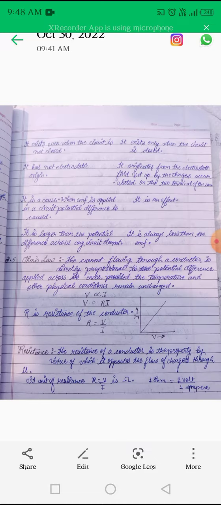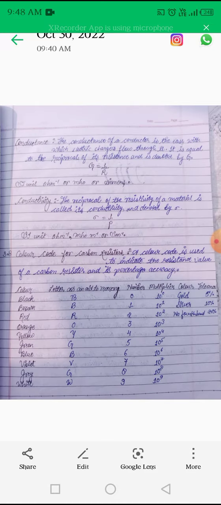Conductance. The conductance of a conductor is the ease with which electric charges flow through it. It is equal to the reciprocal of its resistance and is denoted by G. G is inversely proportional to the resistance.